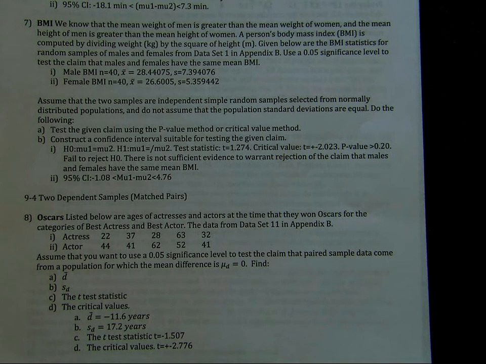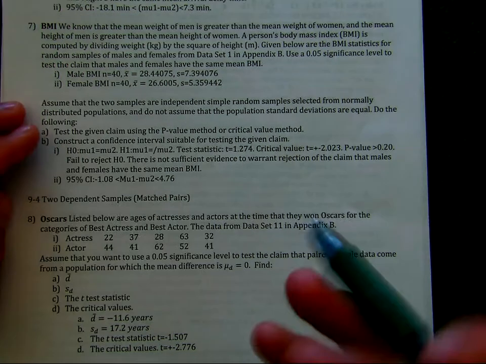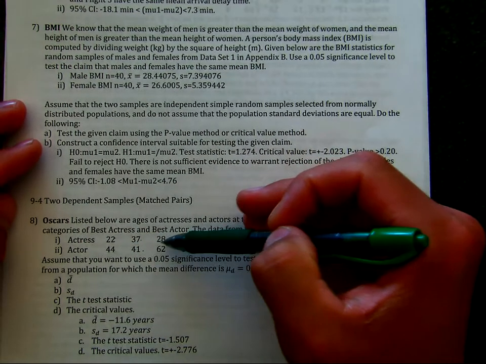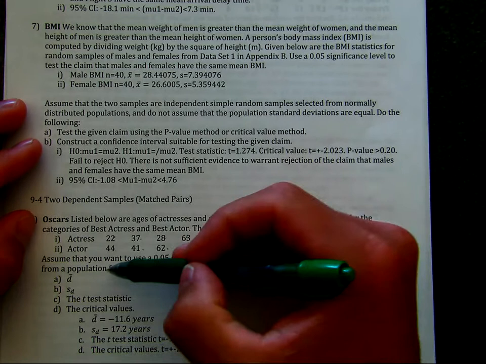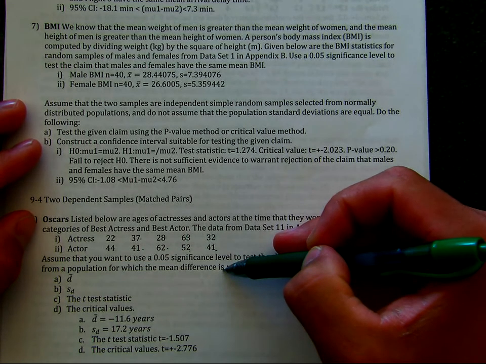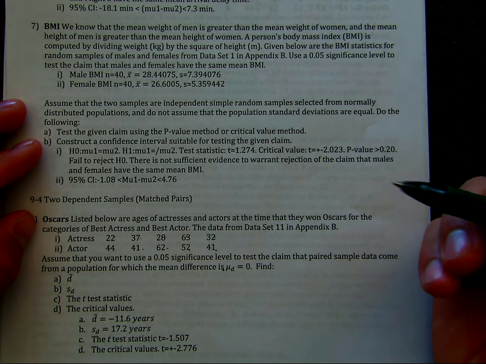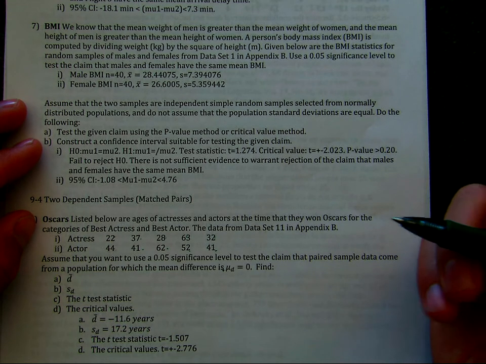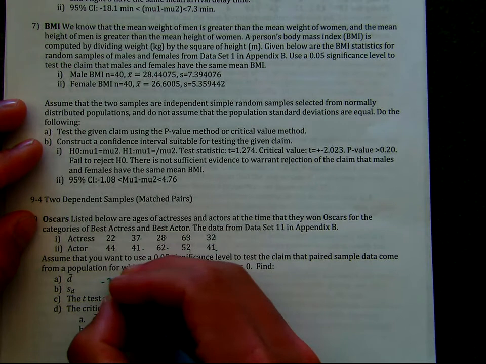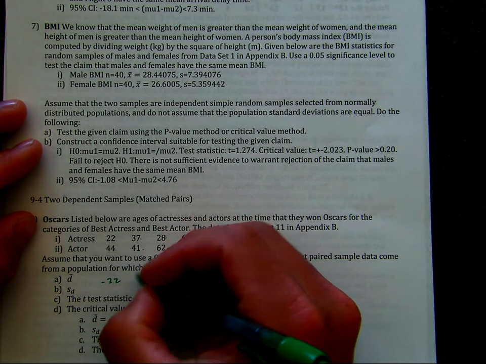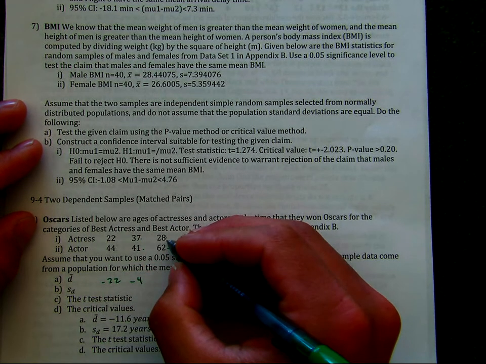Find d bar. So how do we find d bar? Well, d bar is just taking the difference between these two, adding them all up, and then taking the average of them, okay? And that's how you get d bar. So in other words, this would be negative 22, negative 4, negative 44?